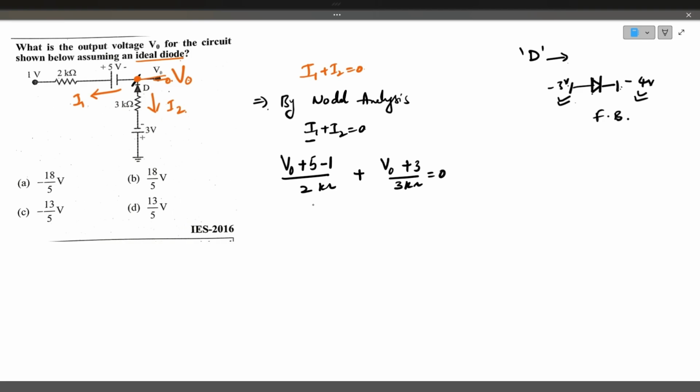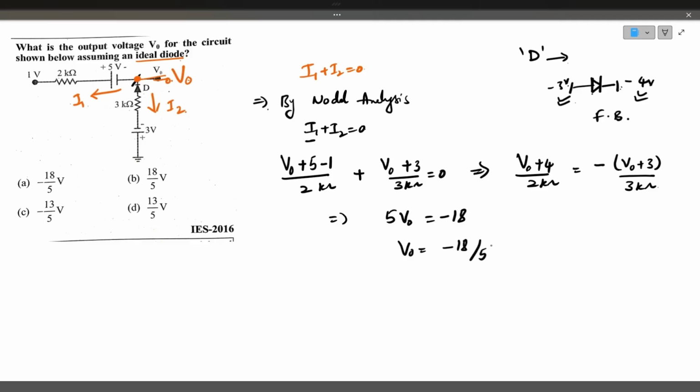If you solve this, (V naught plus 4) divided by 2 kilo ohms equals minus (V naught plus 3) divided by 3 kilo ohms. By solving this, we get the equation 5 V naught equals minus 18, so V naught equals minus 18 by 5 volts. So the answer is option A.